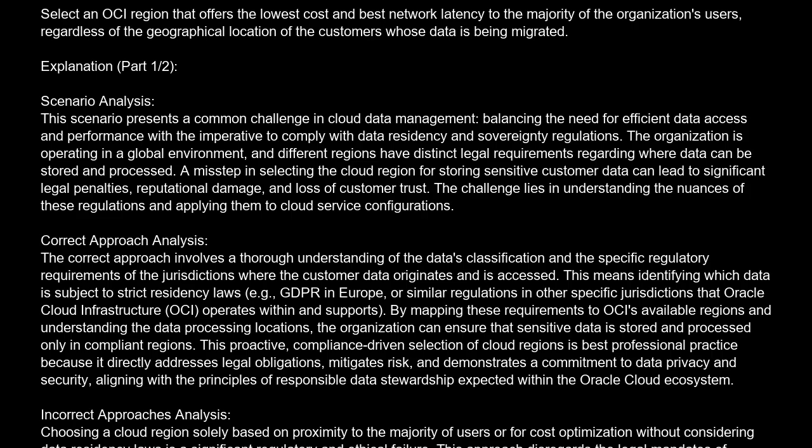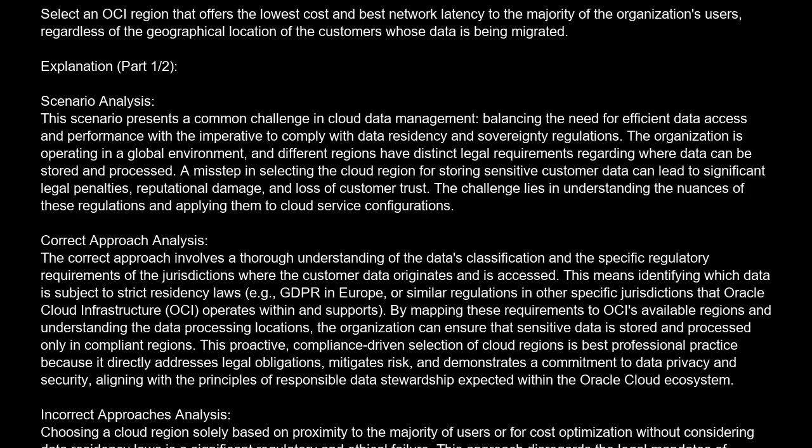Correct approach analysis. The correct approach involves a thorough understanding of the data's classification and the specific regulatory requirements of the jurisdictions where the customer data originates and is accessed. This means identifying which data is subject to strict residency laws, e.g., GDPR in Europe, or similar regulations in other specific jurisdictions that Oracle Cloud Infrastructure, OCI, operates within and supports.